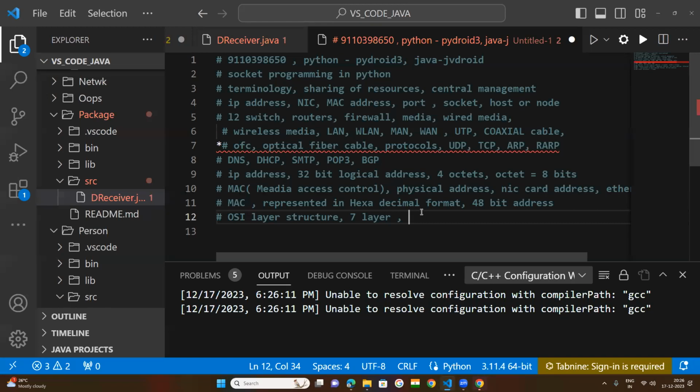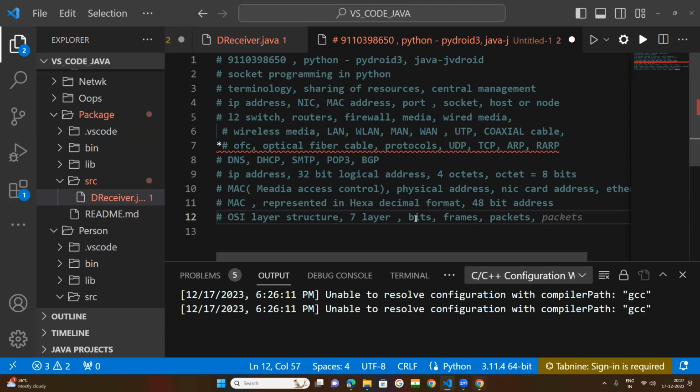So at every layer, data has a different format. At the physical layer, data is considered as bits. Next, the data link layer: frames. Next, layer 3, the network layer: packets.